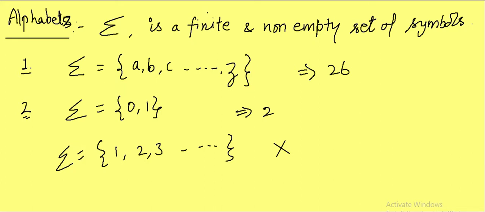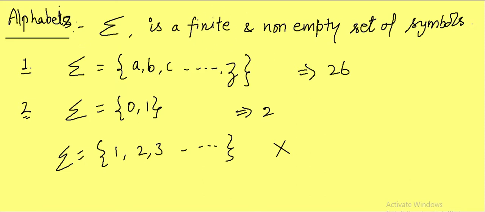When you create a finite machine, known as a deterministic finite machine, which I will explain in my next video tomorrow in the evening, you will use this concept of alphabets.